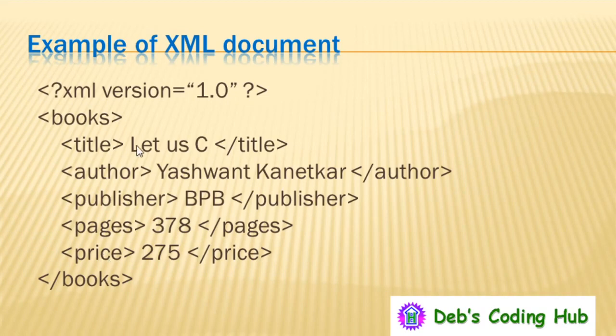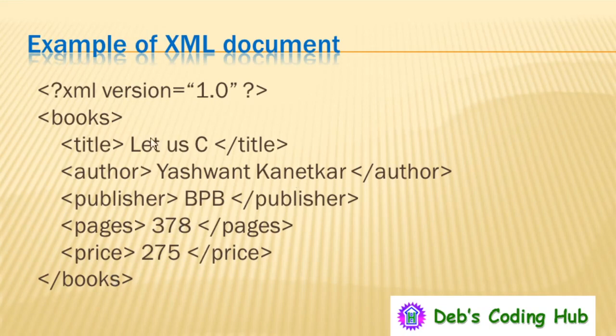So book is called the root element. Now what is the root element? The topmost element of an XML document is called the root element. Root element is also referred to as the document element. And under root, whatever elements are there, they are called children of the root element.